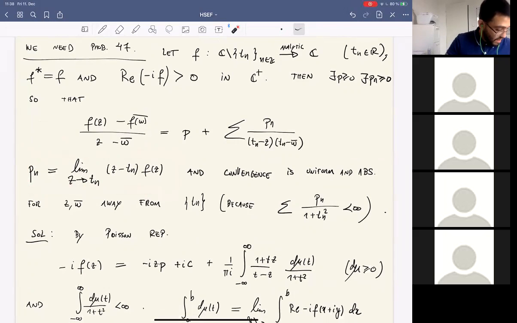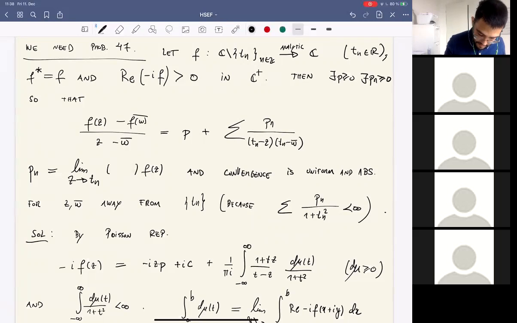Let me see if I'm writing the formula in the right way. It should be completely equal to the book. Yes, it is Tn minus z, of course.